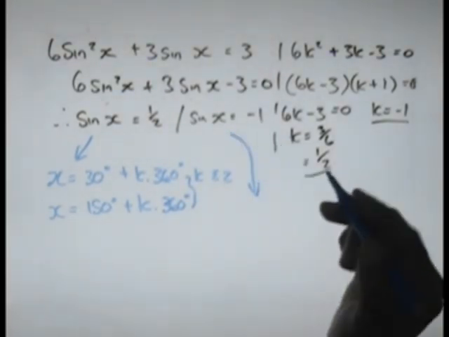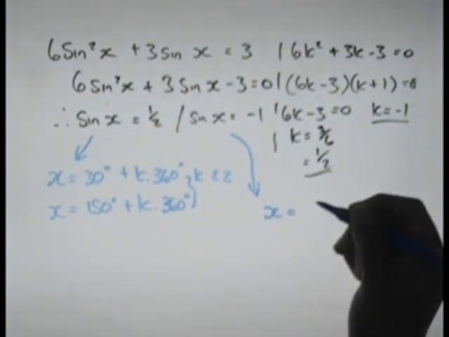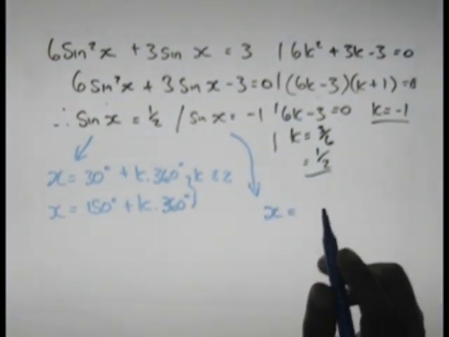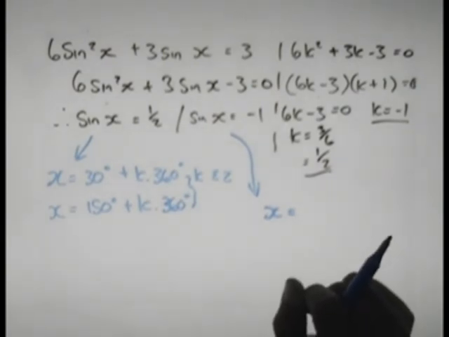The other possible solution is when sine of x is equal to -1. That means that x is going to fall in either the third or fourth quadrant.